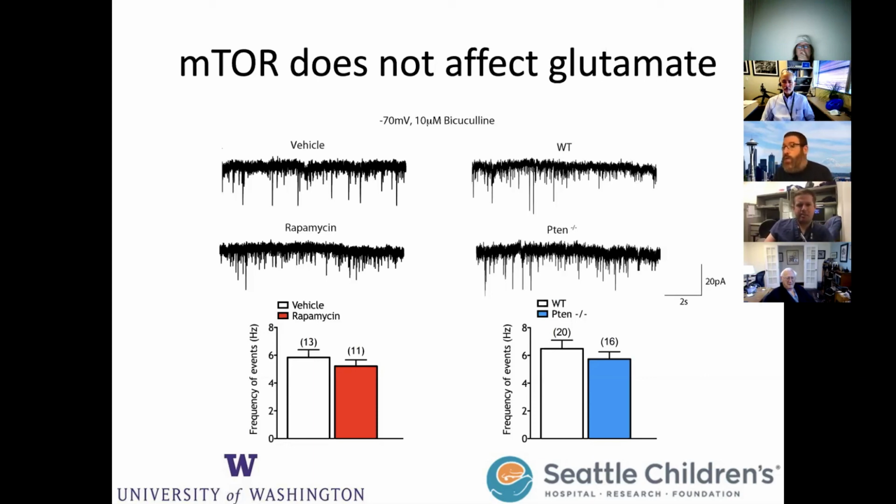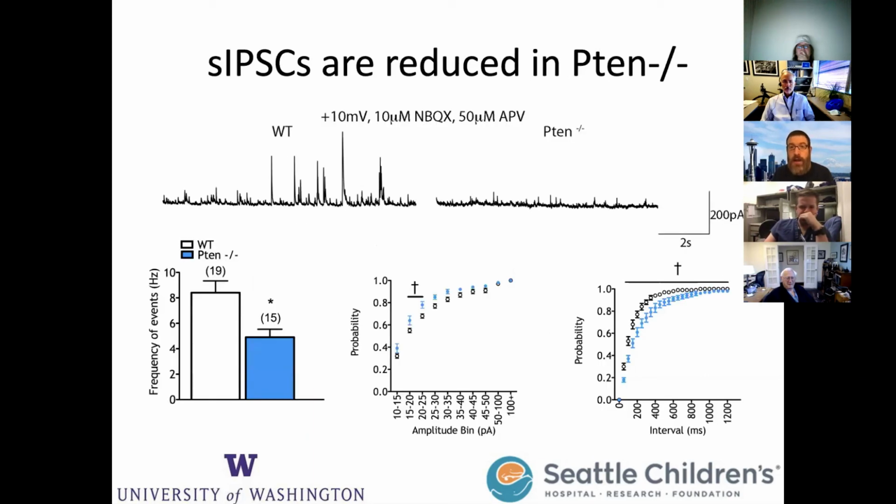In other words, too little GABAergic neurotransmission. Well, it turns out it's not glutamatergic hyperexcitation. That doesn't seem to be the case. But instead, there does appear to be a substantial change in inhibition at the pyramidal neuronal level.